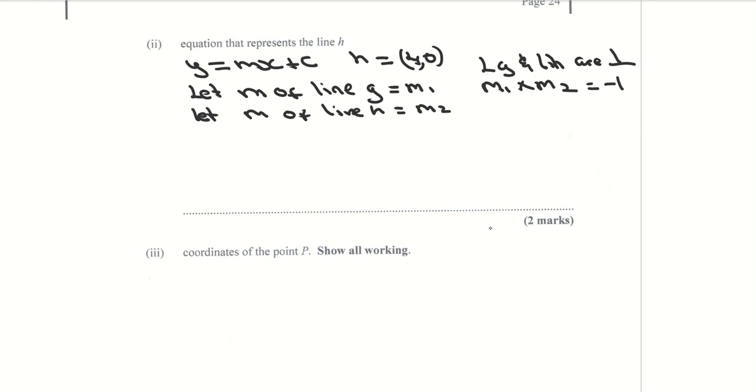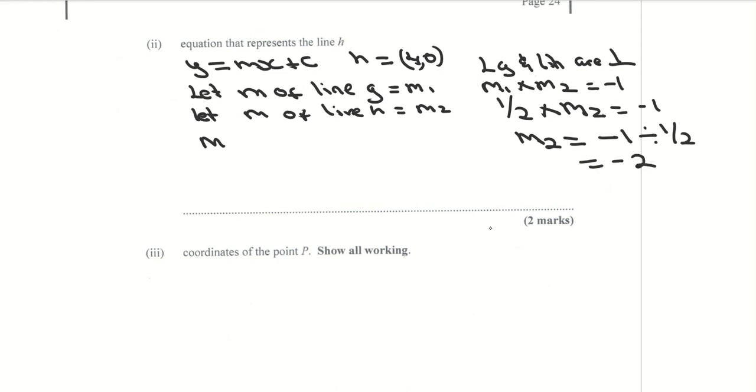So let's put it in: a half multiplied by m2 is equals to -1. So I can easily find out m2. m2 would be -1 divided by half, which is equals to -2. So my gradient of line H is equals to -2.